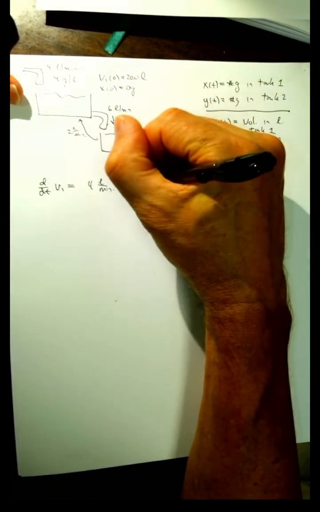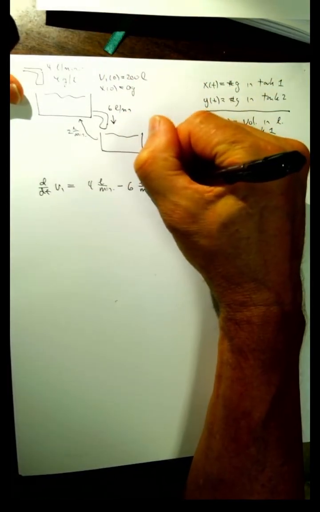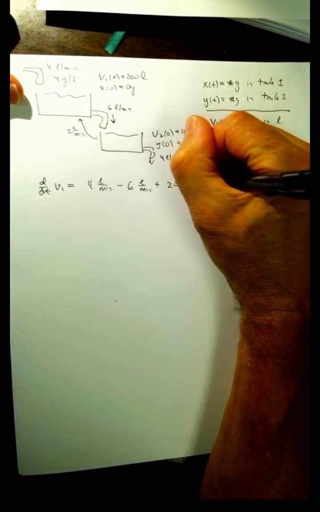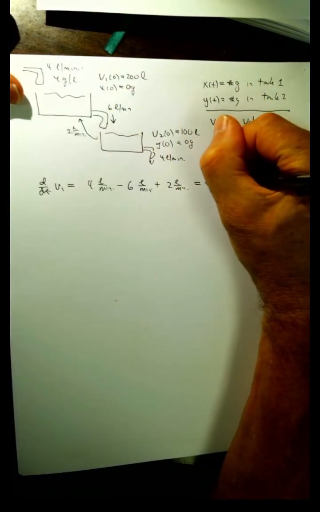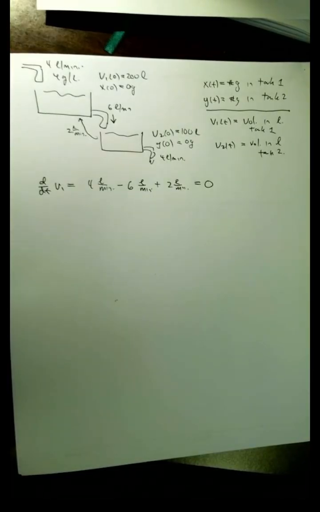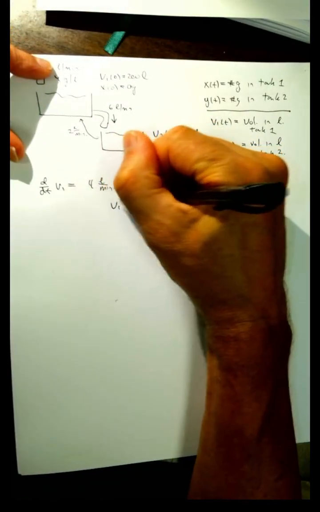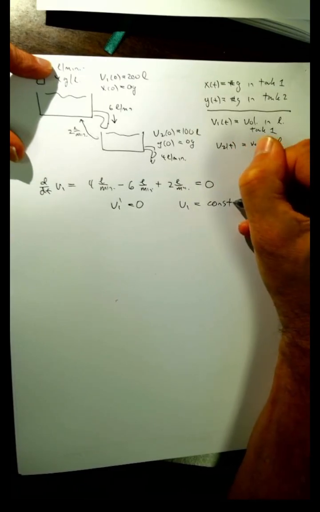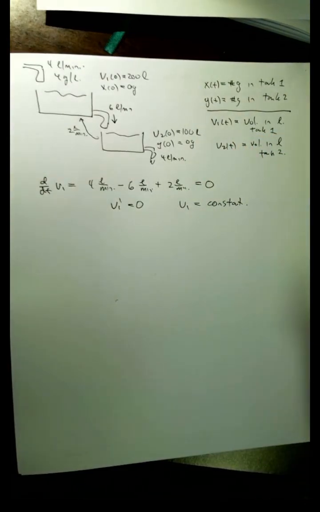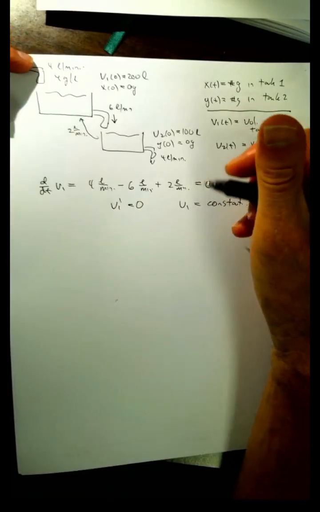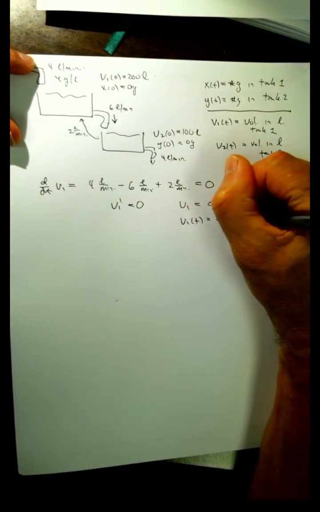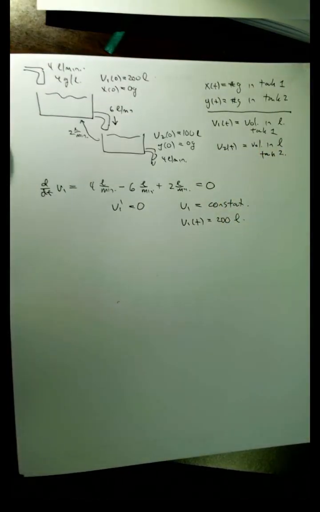And leaving, we have minus 6 liters per minute from here, but we also have 2 liters per minute coming in here. So that's 0. So V1 prime is 0, which means V1 is a constant. And since it's initially 200 liters, that's going to be 200 liters constant.